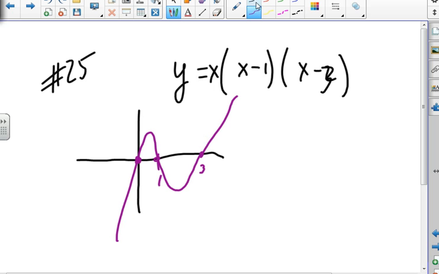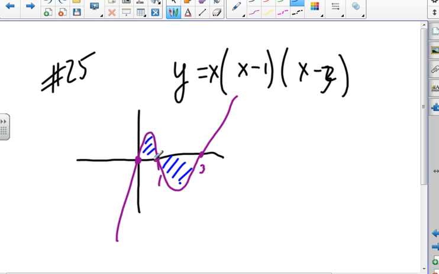Okay, so it looks like what we're looking for is this area and that area, and we probably want this area as a positive number and that area as a positive number.